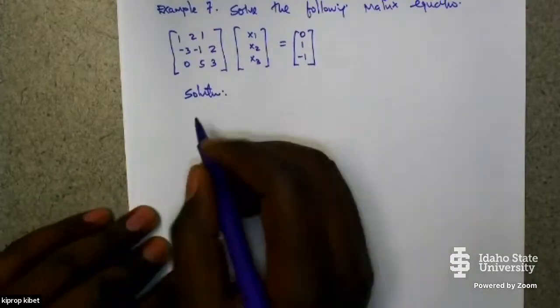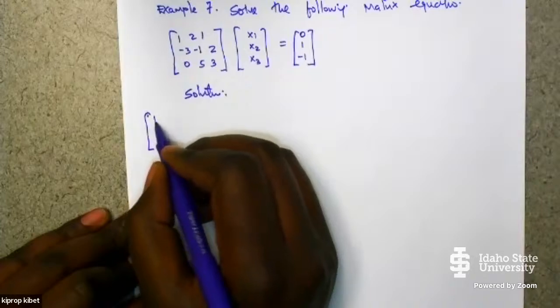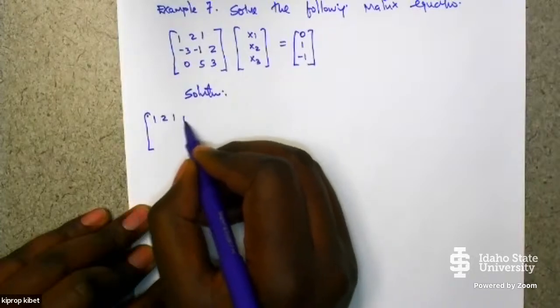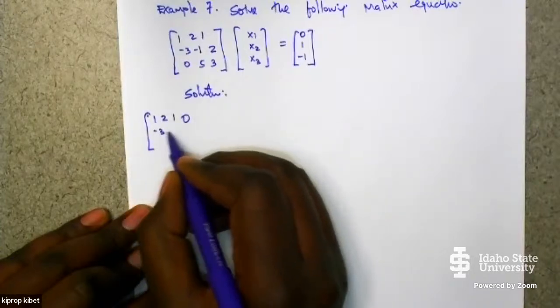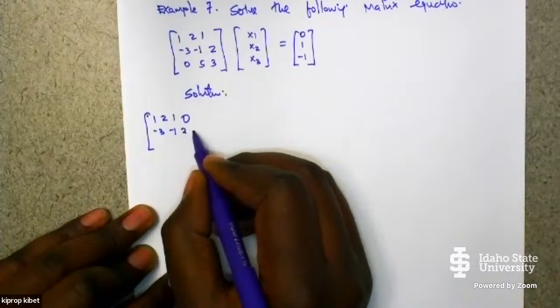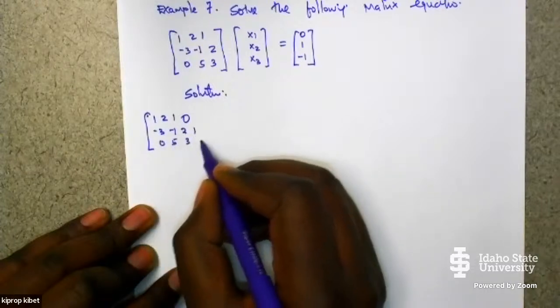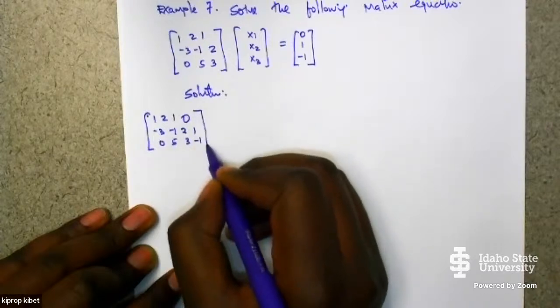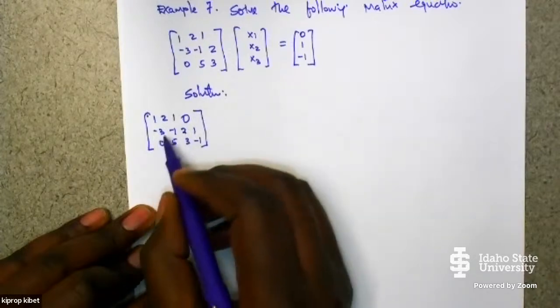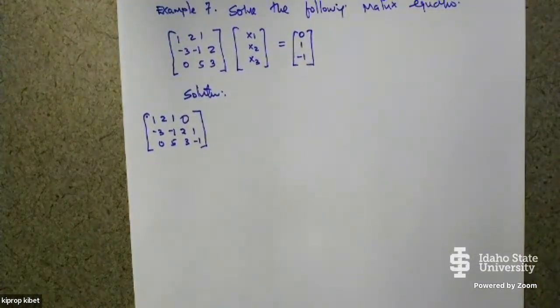Writing this as an augmented matrix: 1, 2, 1, 0; -3, -1, 2, 1; 0, 5, 3, -1. We want to make the entries below the leading entry zeros.